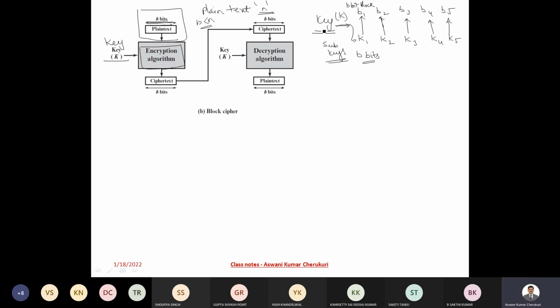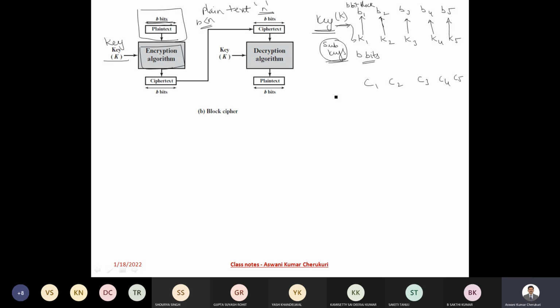So you have the original key. From that you generate the subkeys and provide each subkey to each block of the plain text and generate ciphertext C1, C2, C3, C4 and C5.